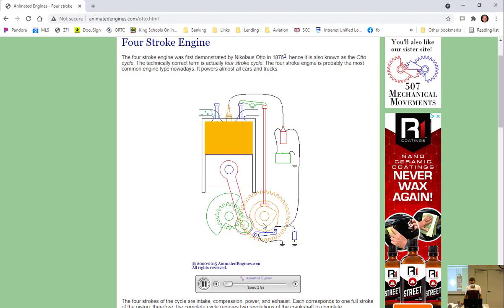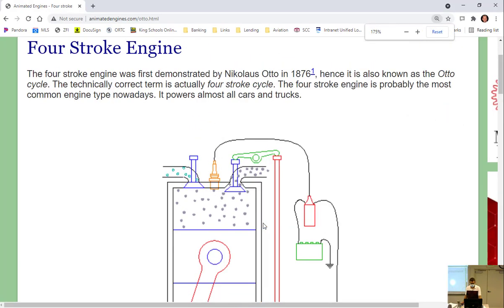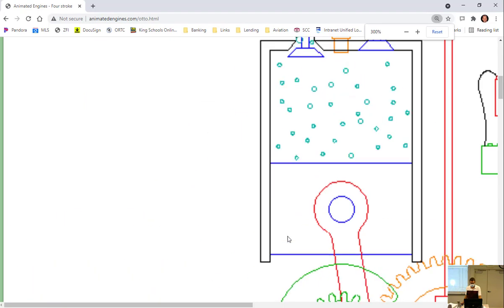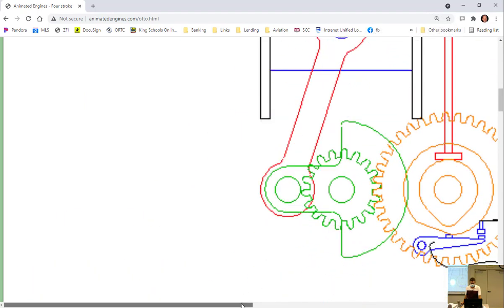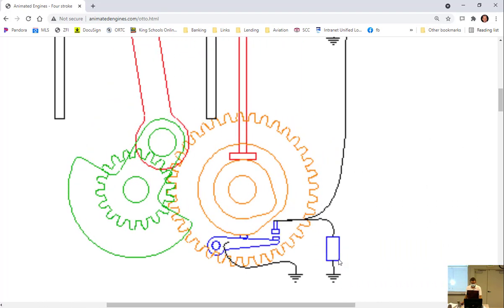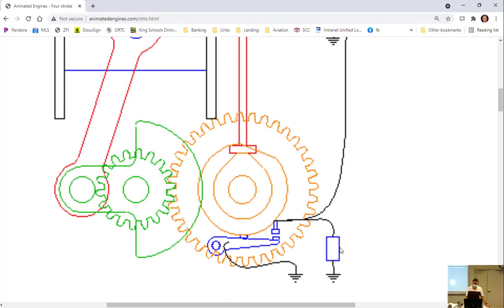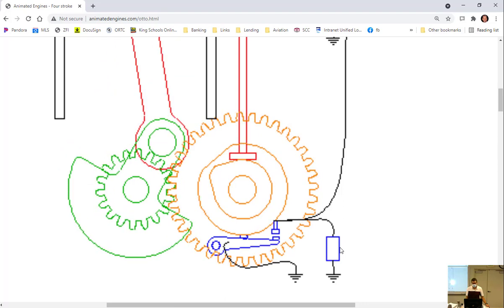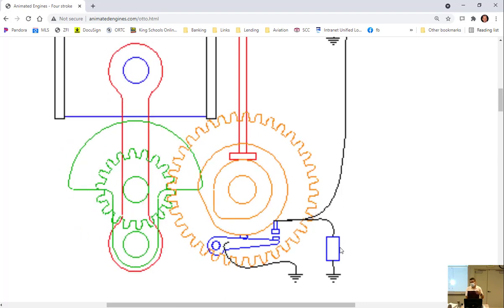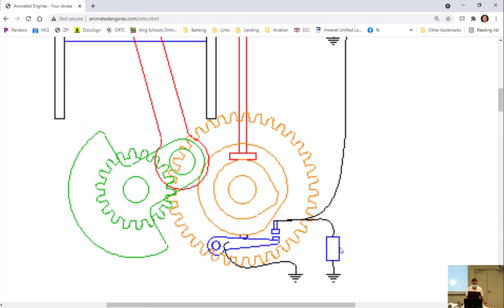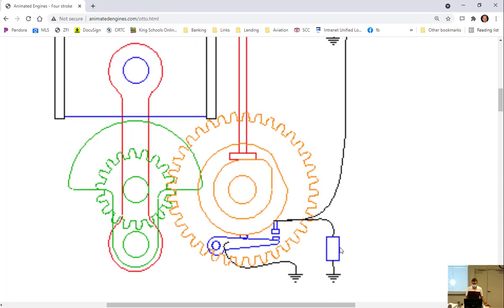As per this right here, if I can make that bigger. Oh, look at that. We learn a new thing every day. All right, this is the camshaft making this plunger go up and down, this red plunger. That's what's opening the valves. Now they've drawn this back here as a cam for the points.